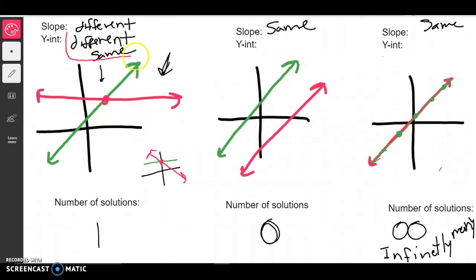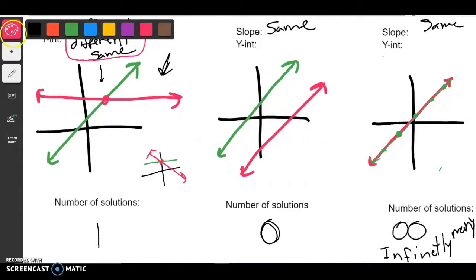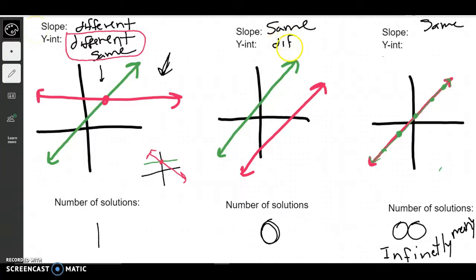So if they intersect and have one solution, it doesn't matter what their y-intercept is. It just means that they have different slopes. This one, as you can see, has different y-intercepts. And they have to have different y-intercepts because if they have the same y-intercept, they fall into the infinitely many.